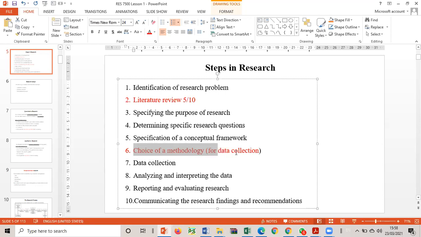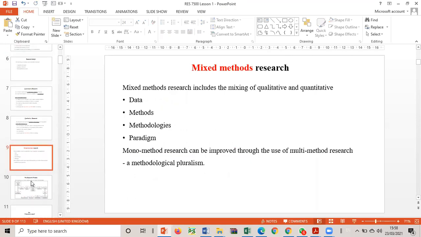When you go through the literature, we know more or less which is the most preferred method. So when the choice is 50-50, maybe you should try a mixed method. All right? Are we clear? Any questions?